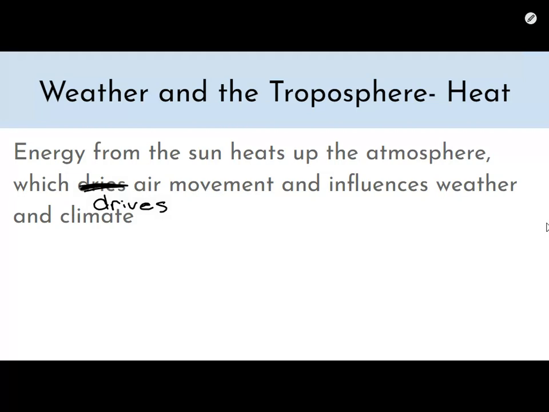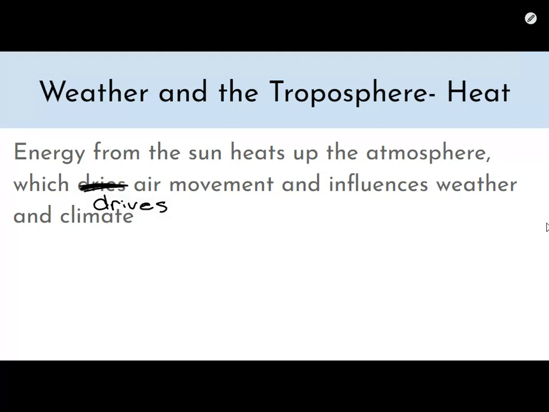Where the heat is will influence where the air goes. So, mini chemistry lesson, right? The hotter something is, the more energy it has. So the hotter air is, the faster those gases are moving. And the faster those gases are moving, the bigger effect, I guess, that the atmosphere in that particular area will see.